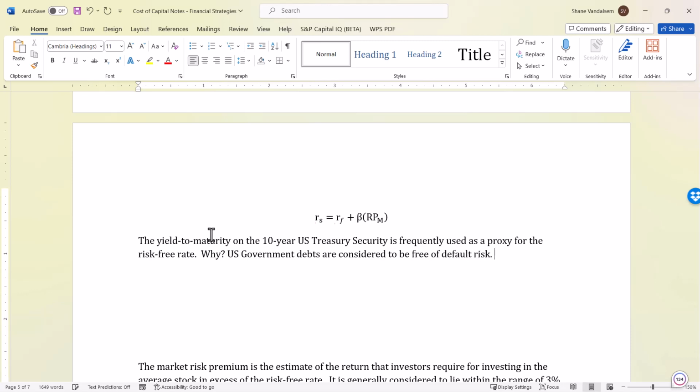You might notice that I said the 10-year U.S. Treasury, so this would be a Treasury that has 10 years left to maturity. This is similar to what we use for the corporate bond. For the cost of debt, we use the yield on a corporate bond for the company that has approximately 10 years left. The 10 years is frequently used because that's considered to be a normal investment horizon for an investor or for a company.